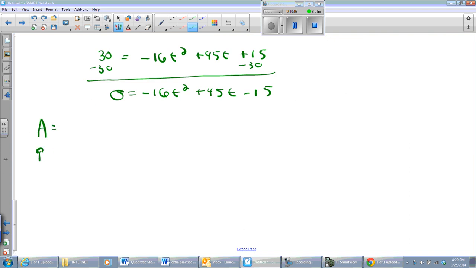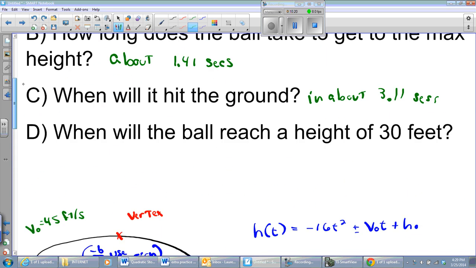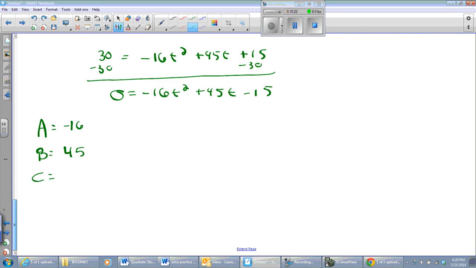Okay, A, B, C. I'm not going to check the discriminant because I'm expecting 2 answers. Why am I expecting 2 answers? Because it goes to a maximum of, what was it, 46 something? Yeah, so it's got to hit 30 feet on the way up and on the way down, assuming it's unencumbered. Nothing happens to it on the way. So I'm going to go x equals negative b plus or minus square root.